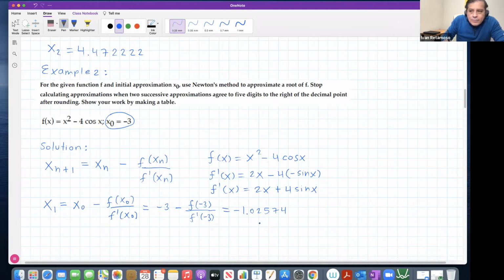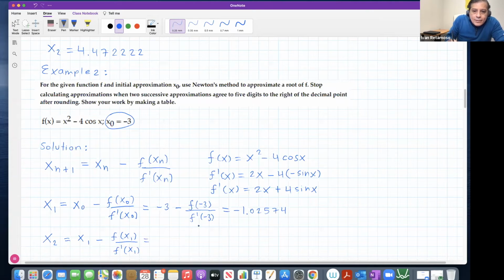Now, I'm supposed to get x2. But what is x2? x2 is the previous x1 minus the evaluation of your function at x1, divided by the derivative evaluated at x1.